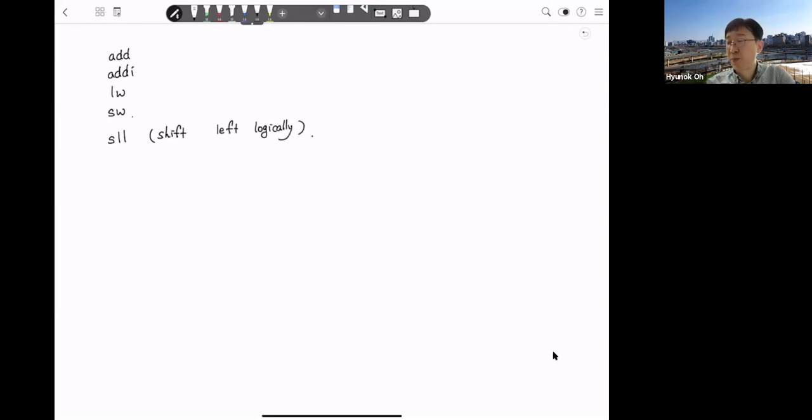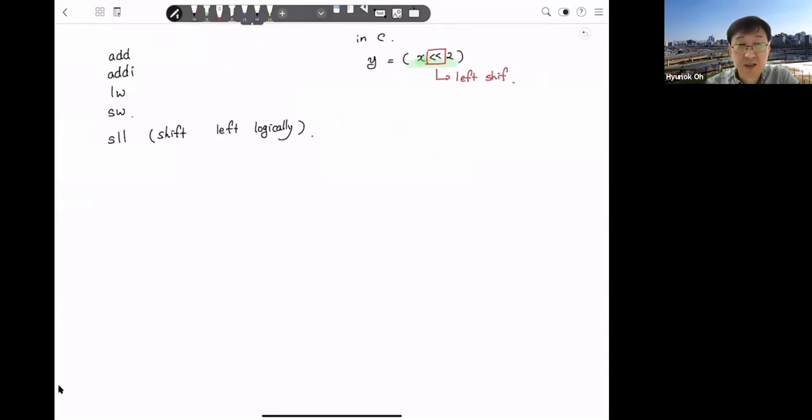Okay, so in C code, you know x << 2. What does this operation do? It is a left shift.